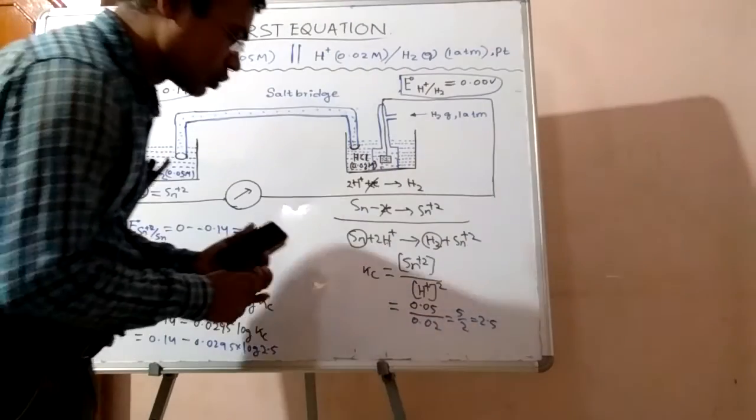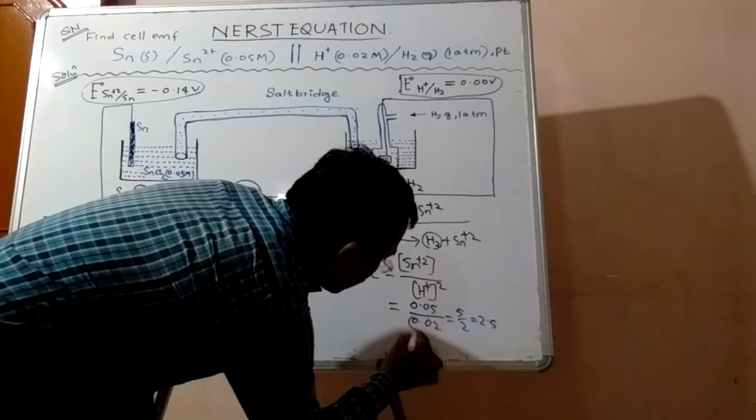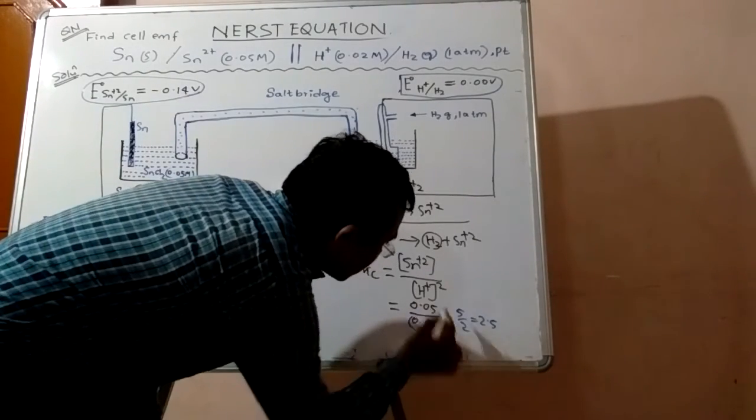Sorry, we have to make this 0.02 whole squared, as there is a square.